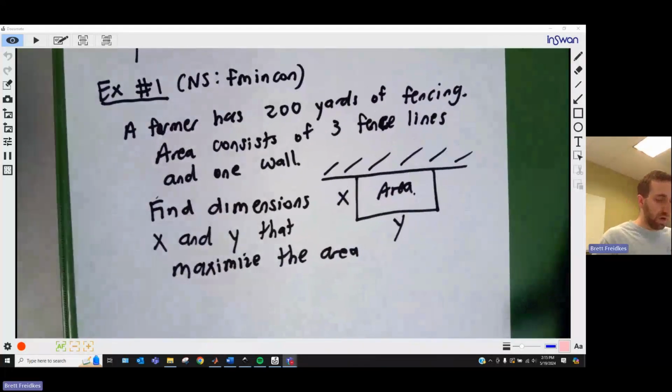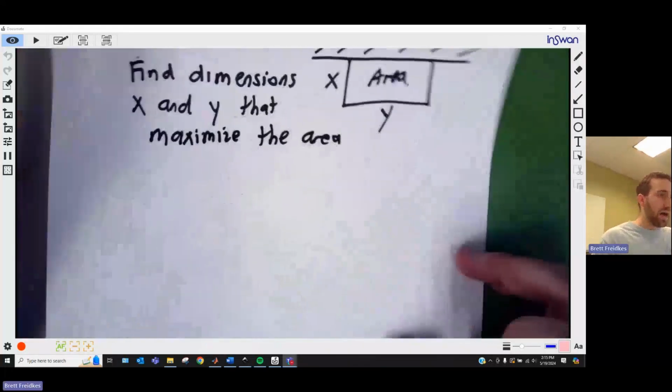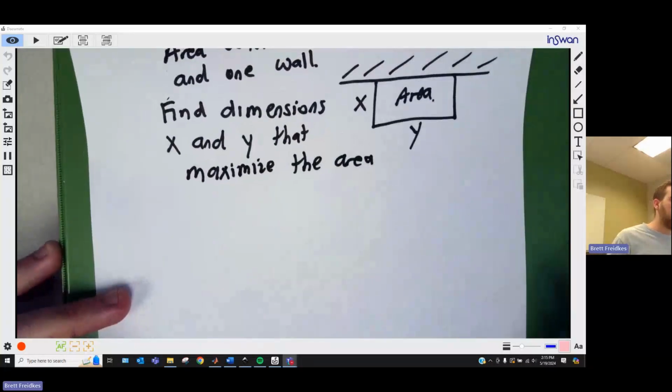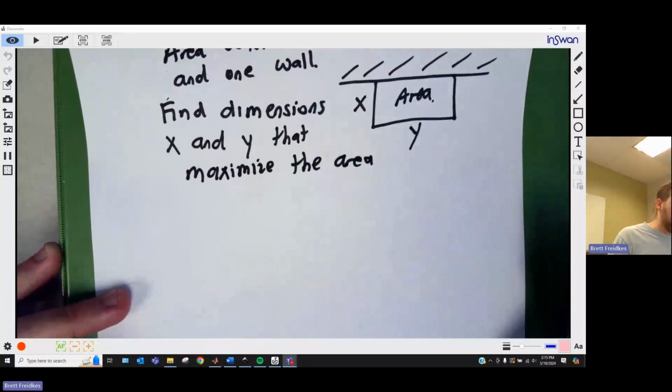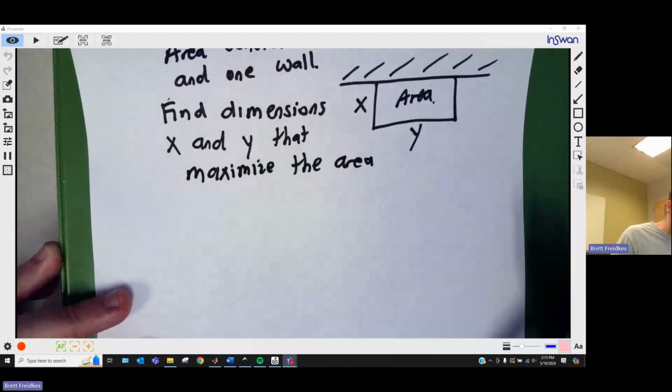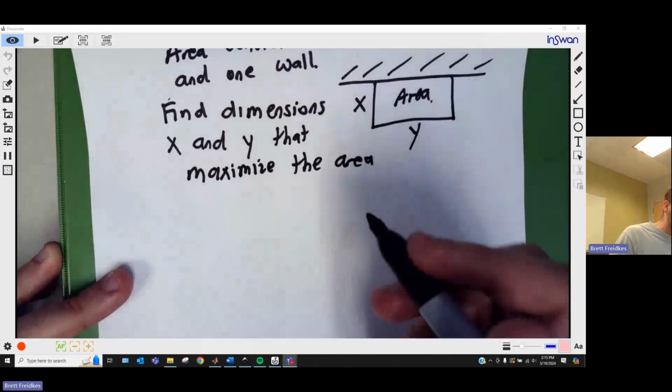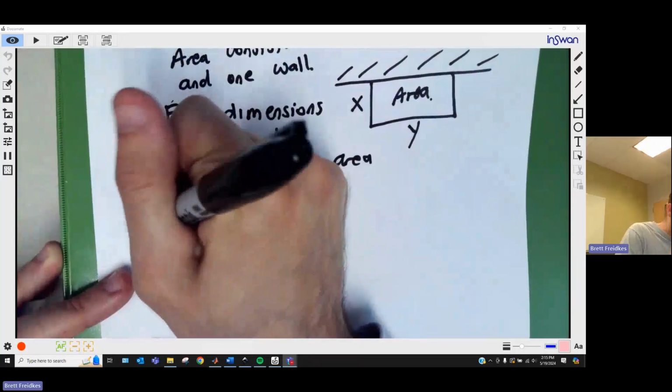So this is an optimization problem. The general idea behind this is that we have to come up with equations that will allow us to determine the appropriate variables X and Y. And our general idea here is that we have some sort of constraint.